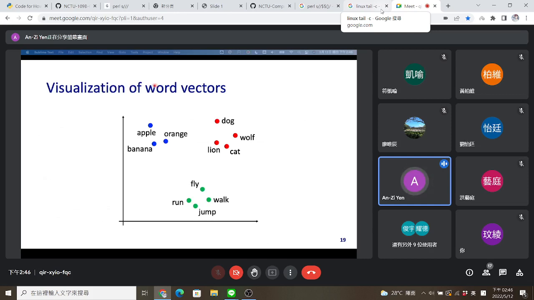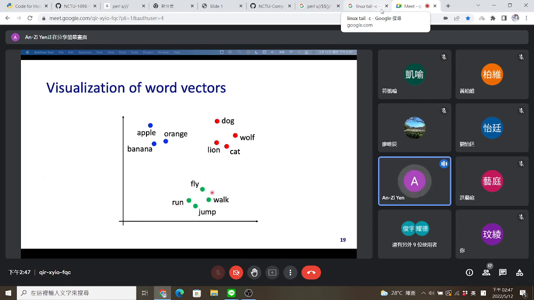In this case, we might find that our initial representation captured the relationship between the words apple, orange, and banana, that they are related, and dog, wolf, lion, cat are related, and jump, run, fly, walk are related.